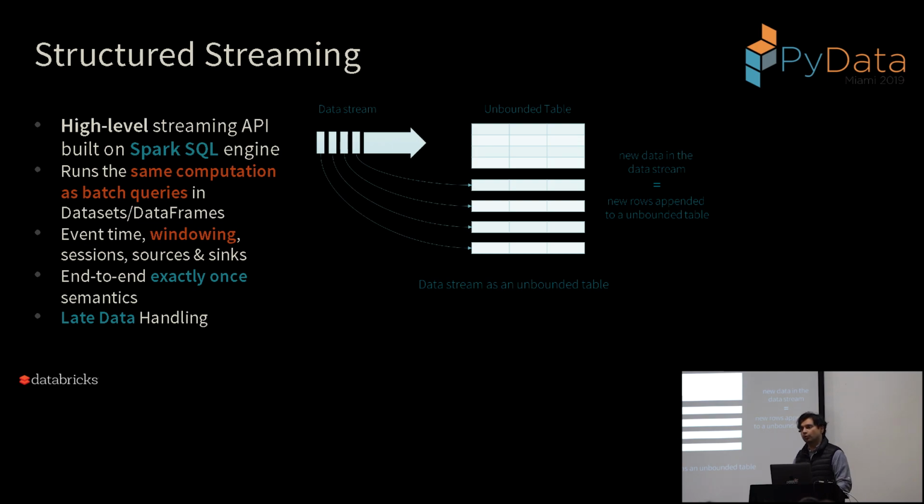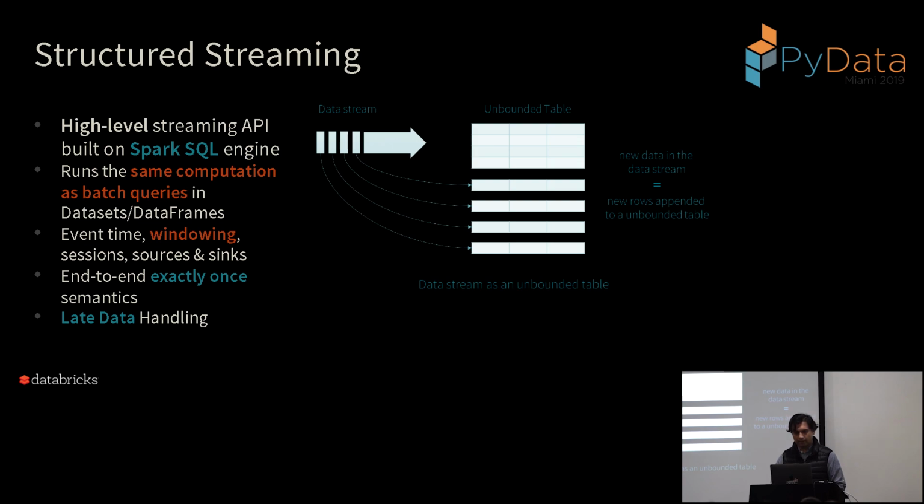There's a lot of community support in structured streaming, so it supports many sources and sinks that you saw on the slide previously. You can stream data from many cloud storage systems, you can stream data from message buses, Kafka, Kinesis, even databases. And there are a lot of sinks where you can send data as well.